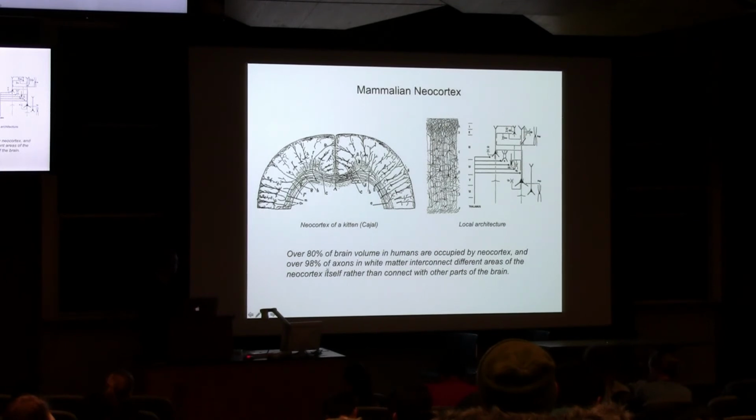So 98% of the axons, the white matter, interconnect different areas of the neocortex itself, rather than connecting with other parts of the brain. What this means is that only 2% of the brain is actually connected with reality, right? Your motor system signal has to go out. Your sensory system, your vision, has to go into your brain. And those axons are only a very tiny fraction of all the connections inside the brain.